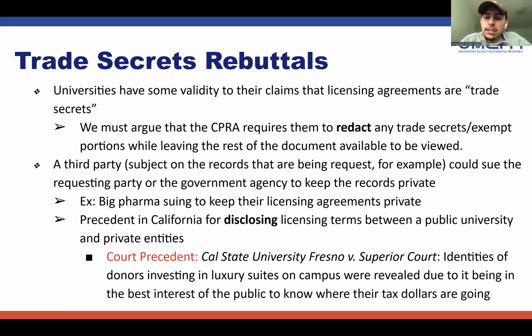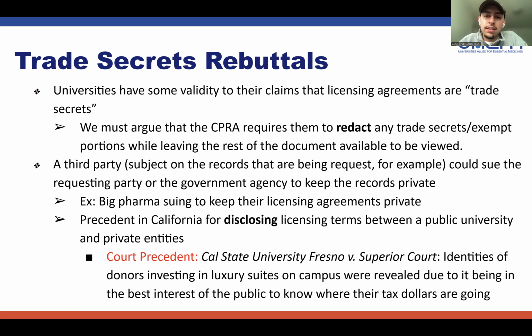In this case, the identities of donors who were investing in some luxury suites on campus, obviously not related to TTOs, but still precedent. Their identities were revealed due to it being in the best interest of the public to know where their tax dollars are going. So basically that just shows that there is some sort of precedent here for disclosure. So that does help us.